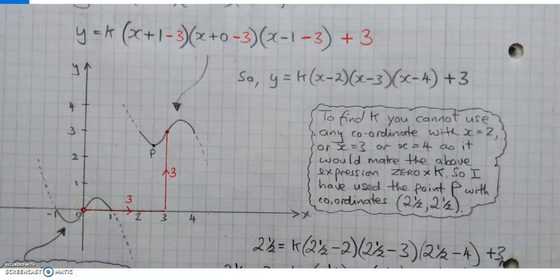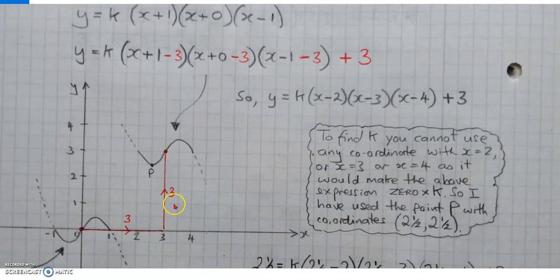So this point here in this original type of negative cubic like that has gone from there to there. Well, if it was there, then how would we write its formula?